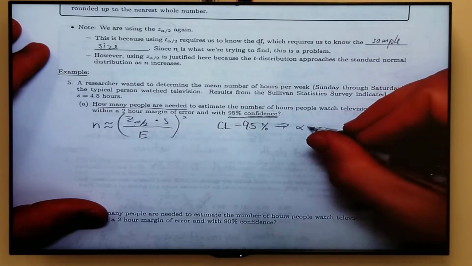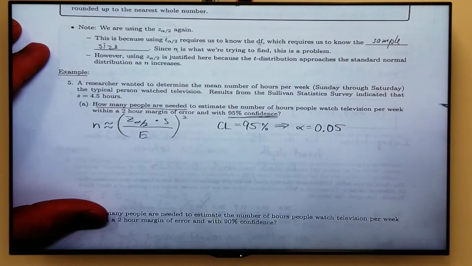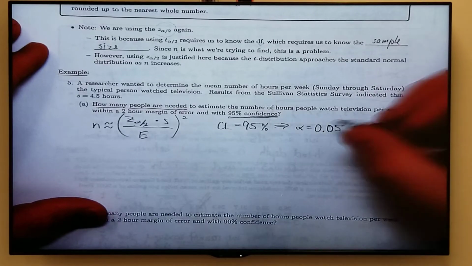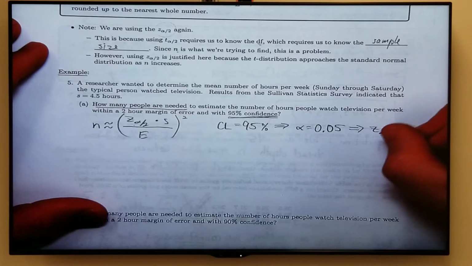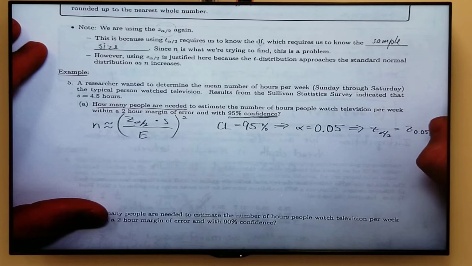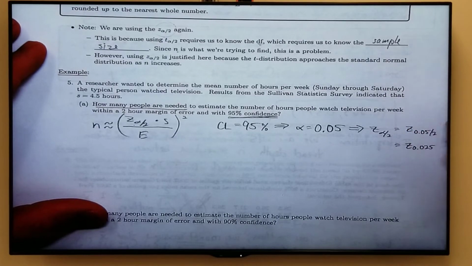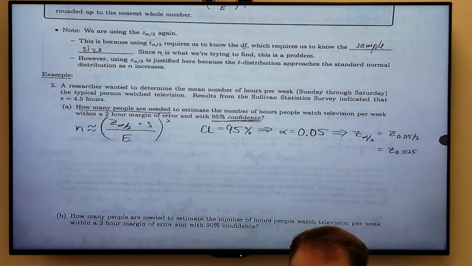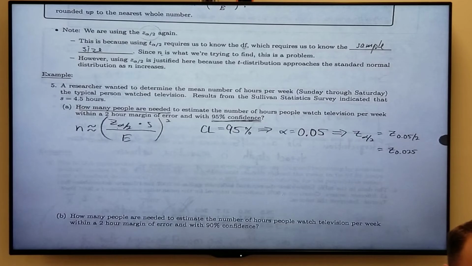The alpha should be 0.05. That means that z sub alpha over 2 is going to be z sub 0.05 divided by 2. That's z sub 0.025. And we use the standard normal calculator to get that value, right?